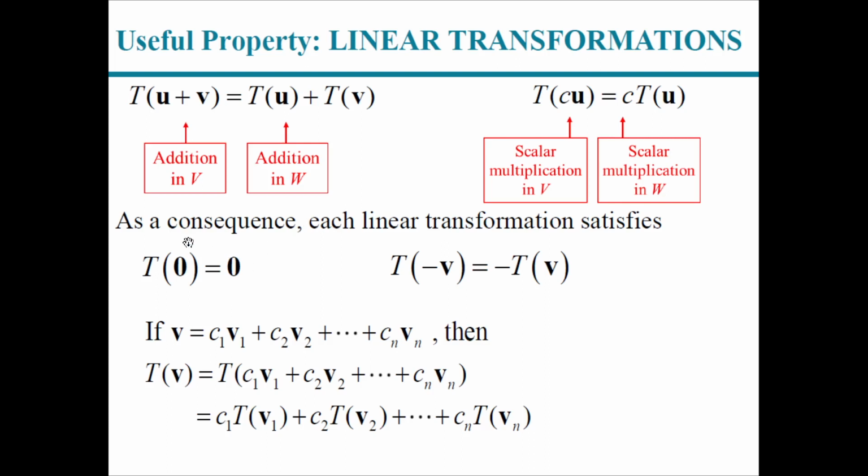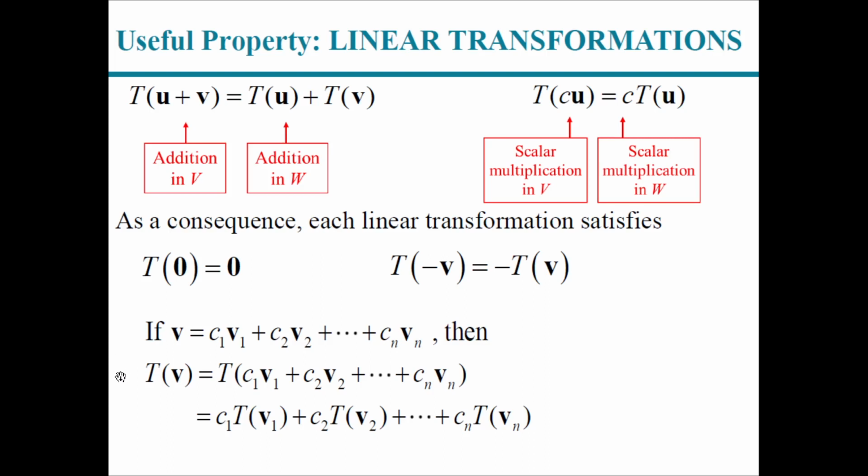What this says is that each linear transformation must map 0 to 0. That's a guarantee. It doesn't say that whoever maps 0 to 0 is linear. No. It just says if you're linear, you will map 0 to 0 for sure. And then the image of the negative is the negative of the image.